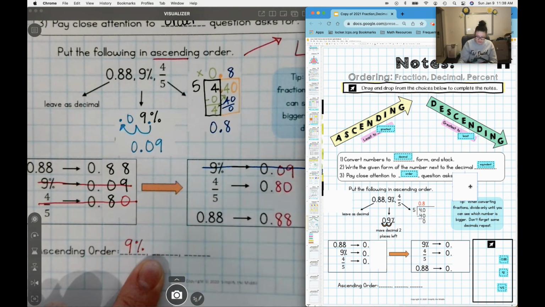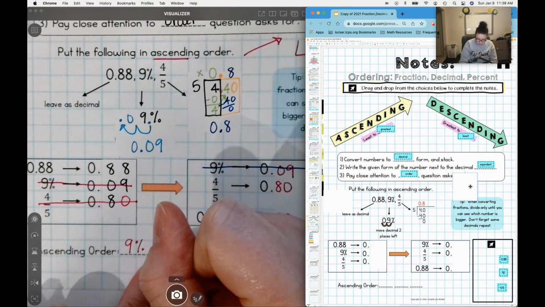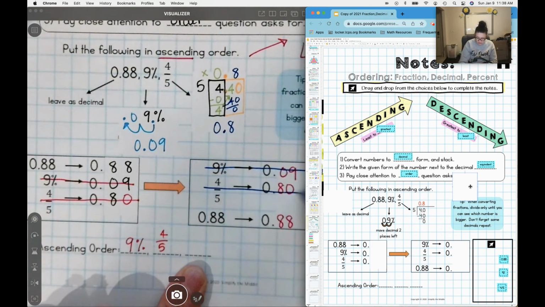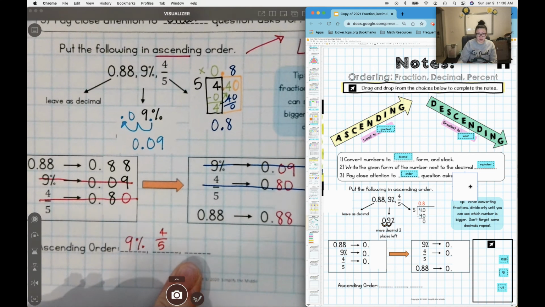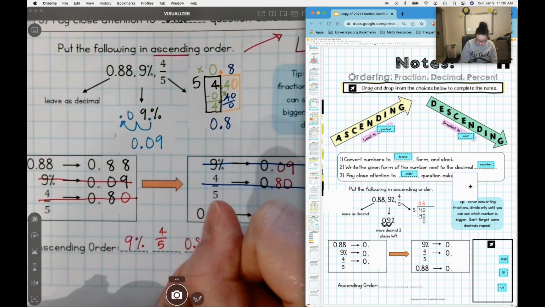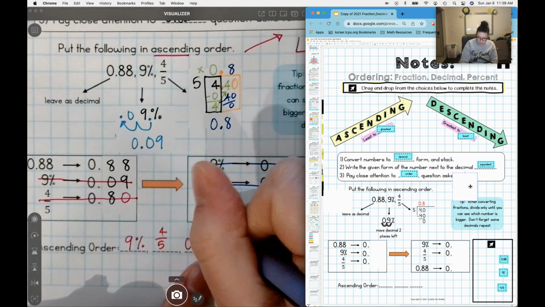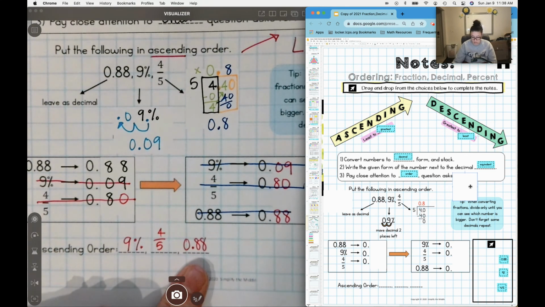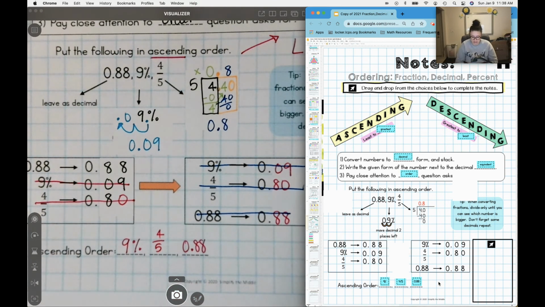Next was 4/5. And then our greatest number was 88 hundredths. Again, we want to write the original form of the number. So now if we move these little white pieces again, you can see that information. We can drag over on this side the original form of our numbers in ascending order from least to greatest, from smallest to biggest.